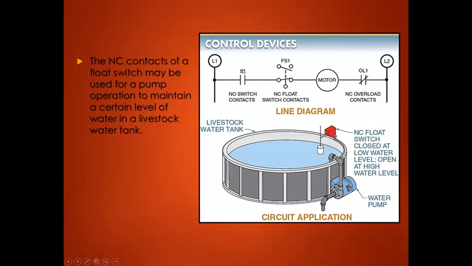In this case, the manual contactor is turned on. When the water gets to a low enough level, contacts close, run the motor, and fill the tank back up. When the tank gets back up to a certain level, the contact opens and shuts the pump off.